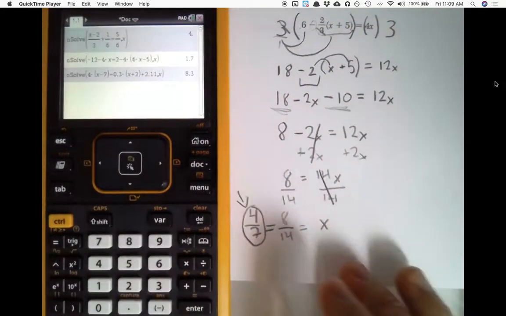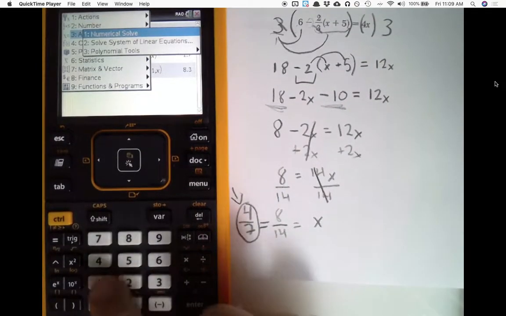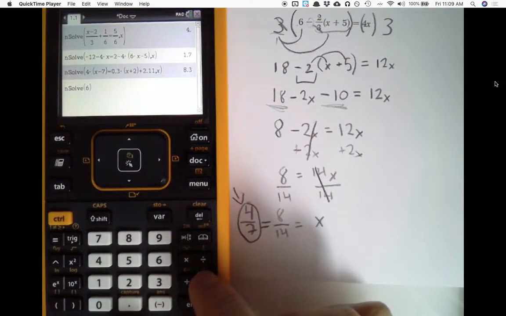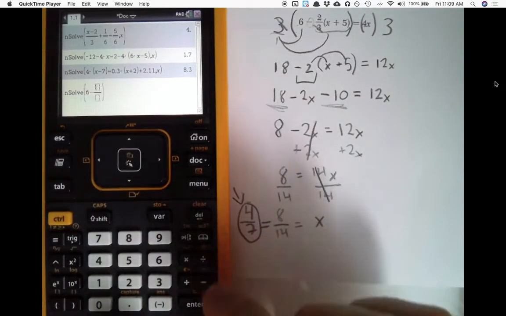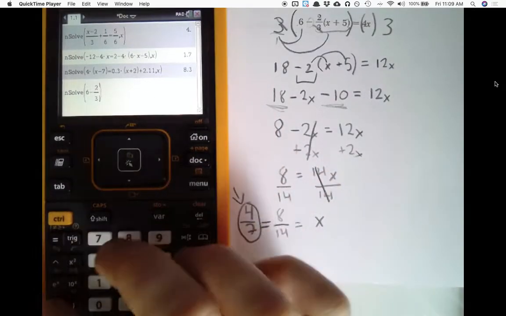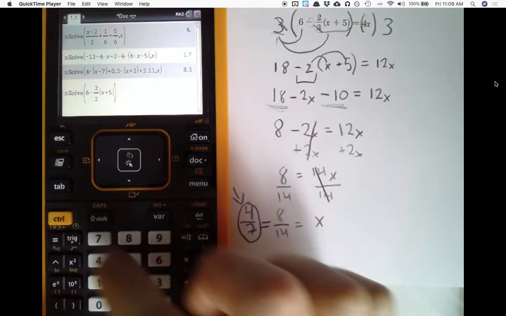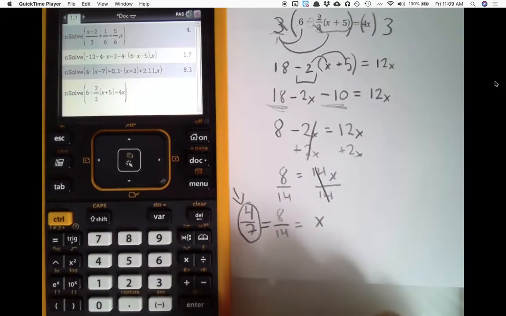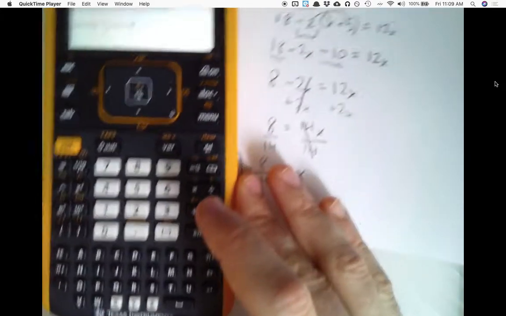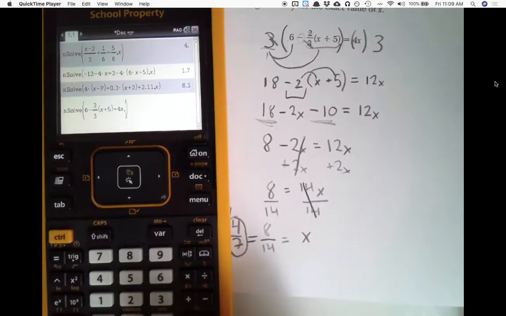So I'll go to menu, 3 for algebra, 1 for numerical solve, and I'll plug this whole thing in: 6 minus, make a fraction, 2 over 3, and then in another set of parentheses, x plus 5, close parentheses, equals 4x. I have to remember to hit comma and then x to tell the calculator what variable I want to solve for. It just straight up won't work without that.